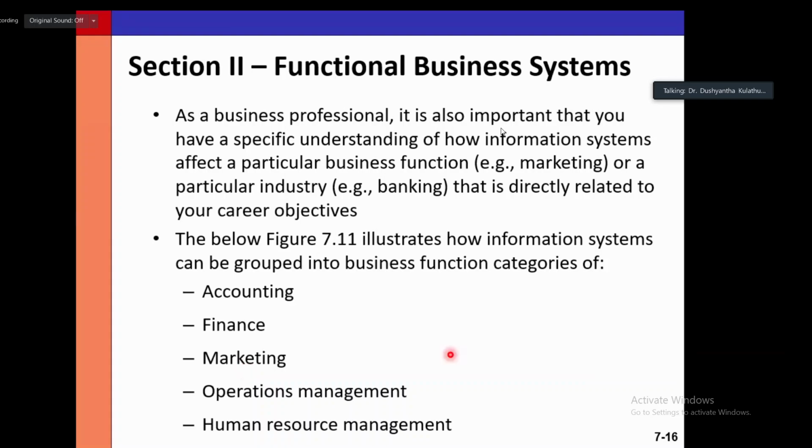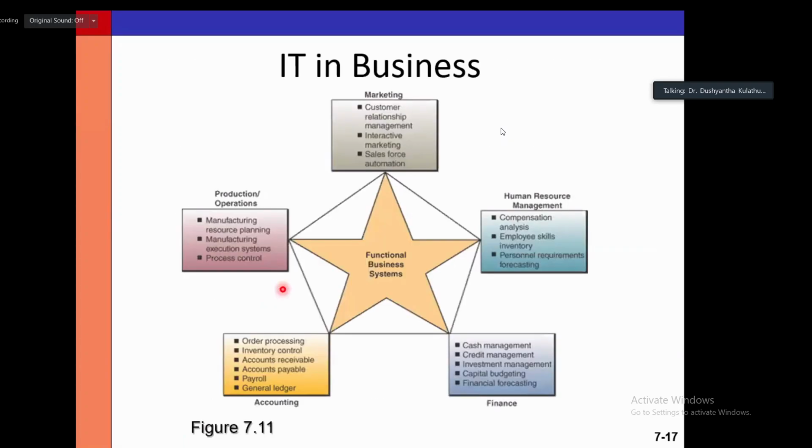When we identify these functions within an organization, each function will use different types of information systems, as illustrated in this figure. I don't want to read out all the subcategories or systems identified under each function. If it is marketing, there can be systems related to customer relationship management, interactive marketing, sales force automation.